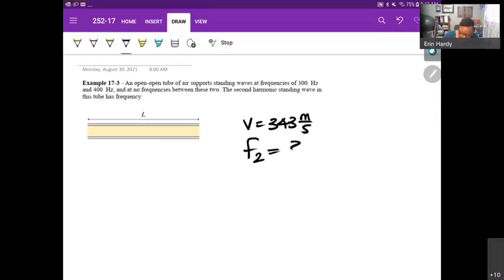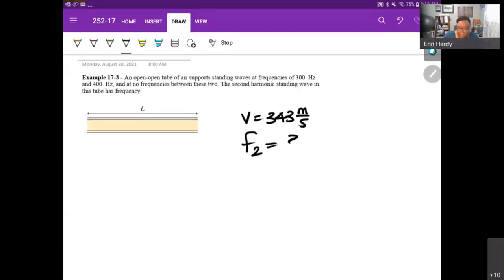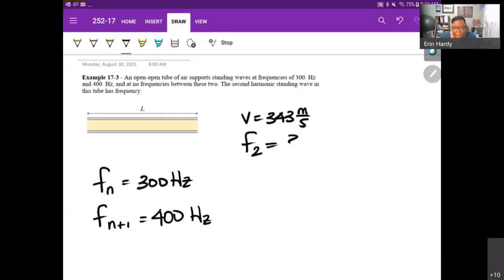Actually, we can get around needing to know what L is here because we know what two adjacent standing wave frequencies are. So I'm just going to say f sub n is equal to 300 hertz, and f sub n plus 1 is equal to 400 hertz. I'm using an n here as opposed to an m, just so that we can figure out what the fundamental frequency is, and then we can solve for f sub m, where m is equal to 2.